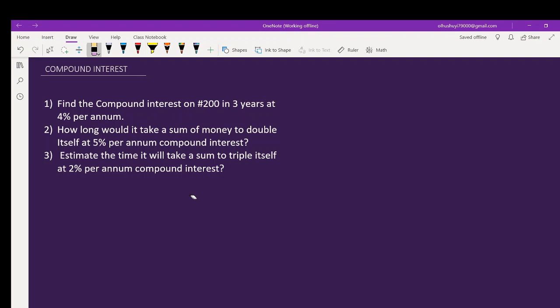But under compound interest, the principal is not constant. Over the years, over a stipulated time, the principal changes, and that is what makes it differ from a simple interest problem.